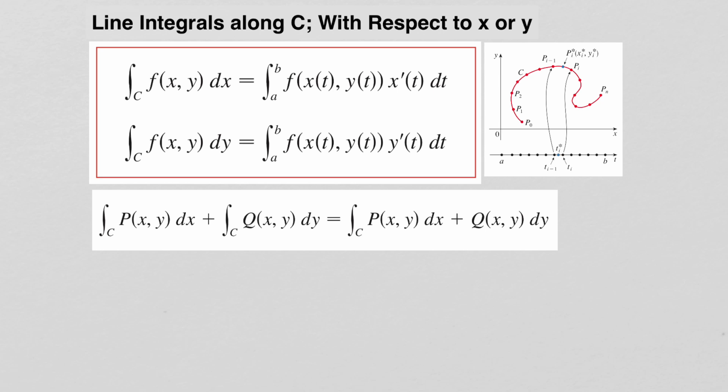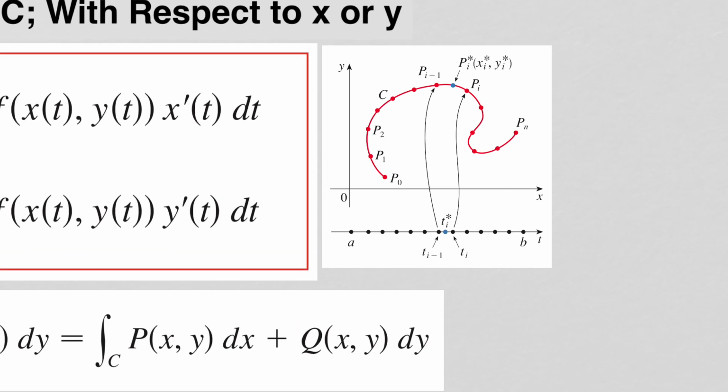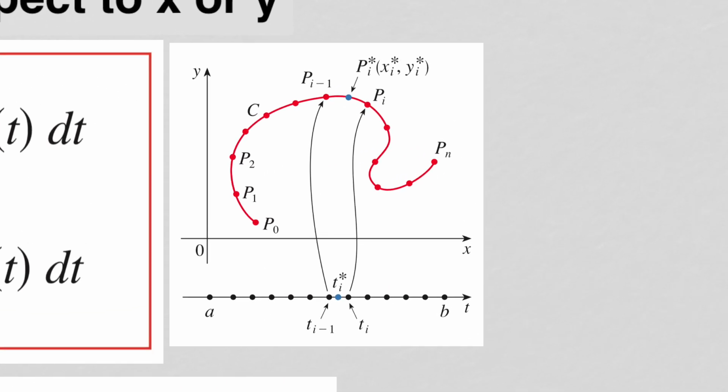Now let's talk about line integrals along a curve C, but with respect to x or y. So the situation here is, instead of integrating along the curve with respect to the arc length of that little piece of the curve, what if we integrated along the curve, but instead of looking at the arc length here, we looked at the length along the x-axis or along the y-axis?